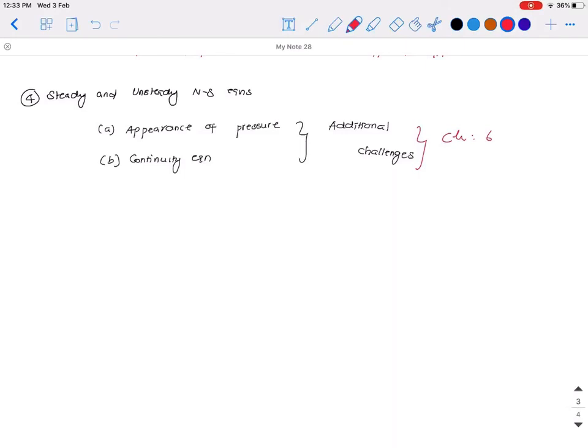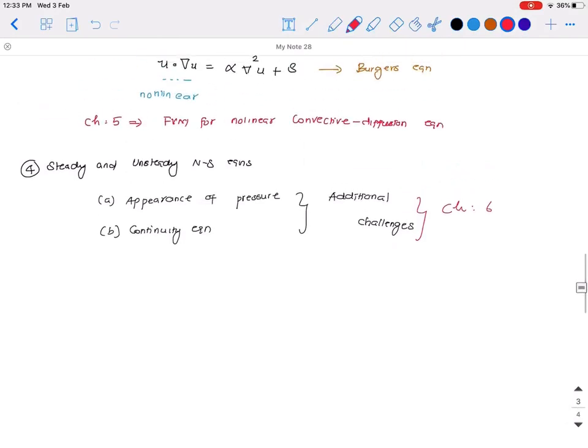So what we have done is we have taken the full Navier-Stokes equation and systematically added one by one some complications, and finally we have come to the final objective.